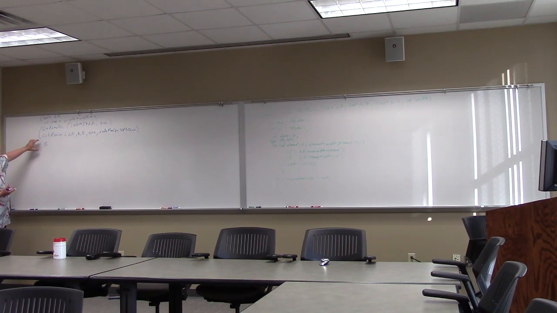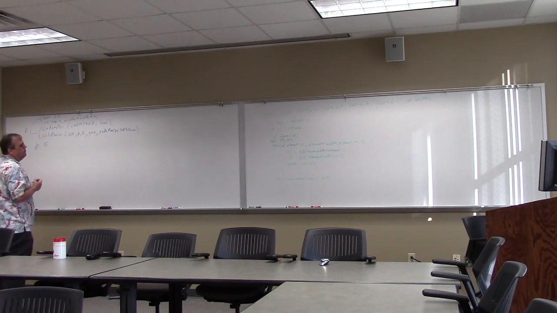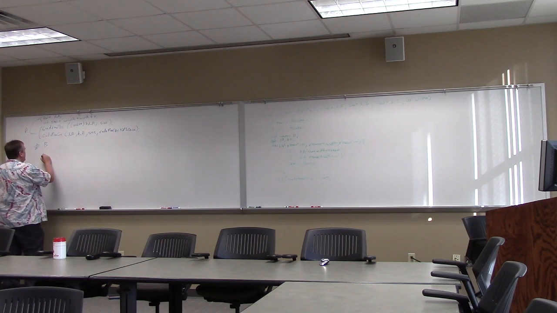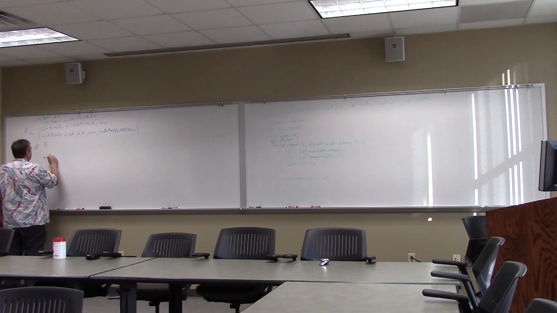So I would do that for A, I would do that for B. Now I have to actually call the kernel. Now I've got to remember whatever I called this lovely thing, the matrixMultiplyK.